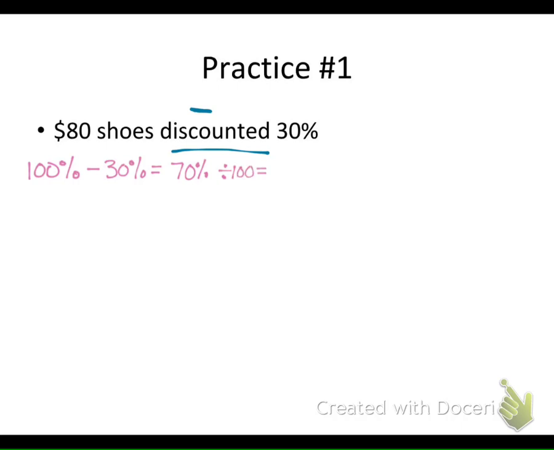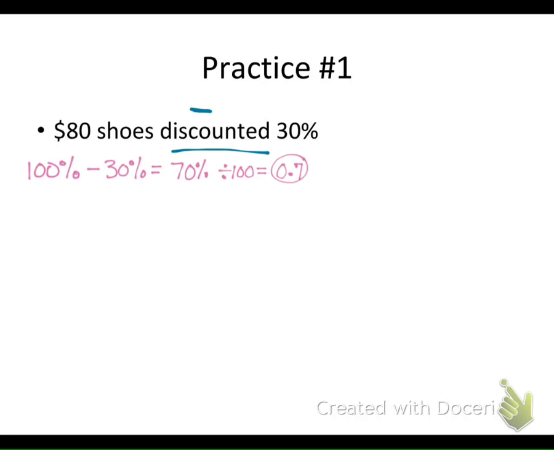When you take 70% and divide it by 100, what do you end up with? 0.7. This number I just got is called your what? Multiplier. I'm going to circle that 0.7 because that's my multiplier. I'm going to use this.